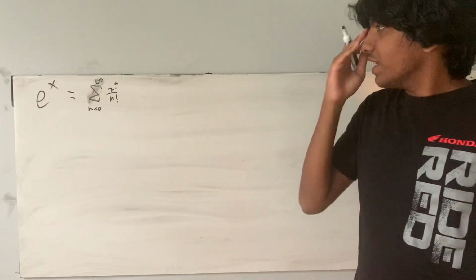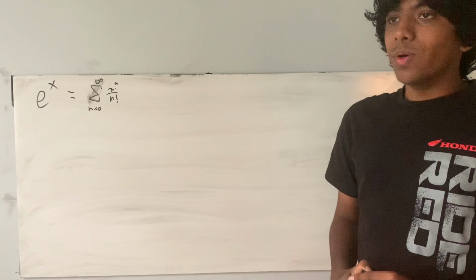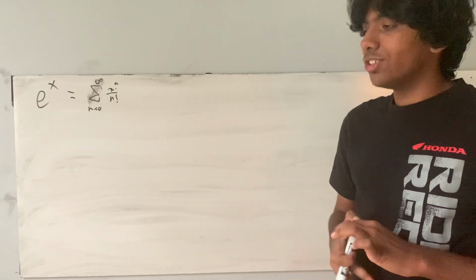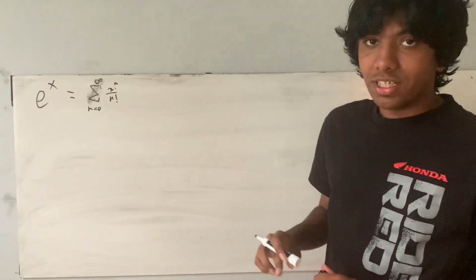This is your Taylor series for e to the x. You should know this if you're taking Calc 2, or since it's on the AP Calc exam. Everyone should know this. This is basic stuff. So here's where the fun begins.